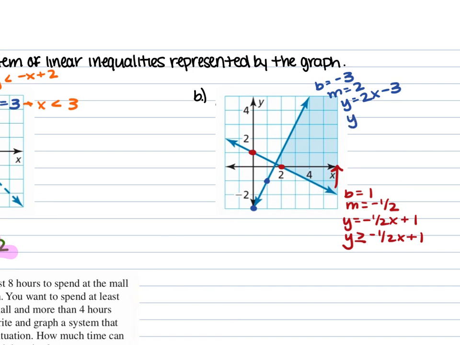So y is going to be less than 2x minus 3. We have that solid line, so we put a line underneath that inequality as well to give us y is less than or equal to 2x minus 3. To write this as a system of inequalities, you're going to have y is less than or equal to 2x minus 3, as well as y is greater than or equal to negative 1/2 x plus 1.